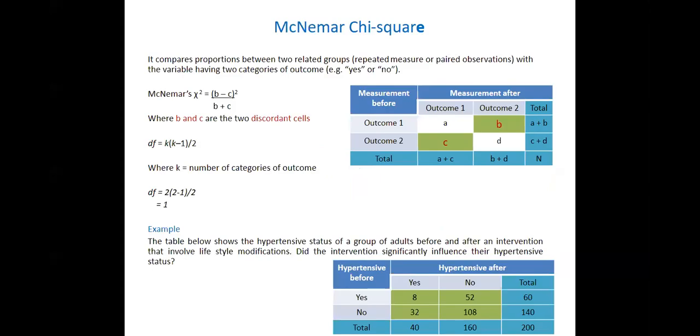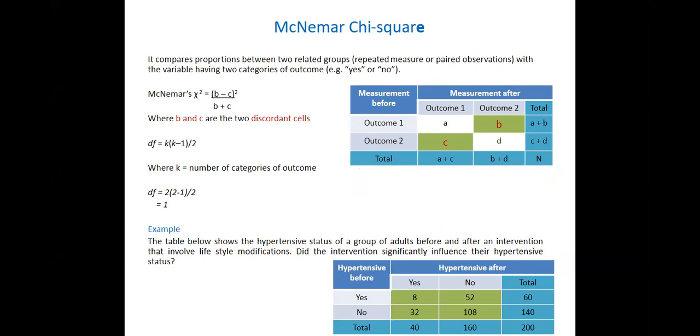Now let's look at McNemar chi-square. The McNemar chi-square compares proportions between two related groups. Two groups, and they are related.